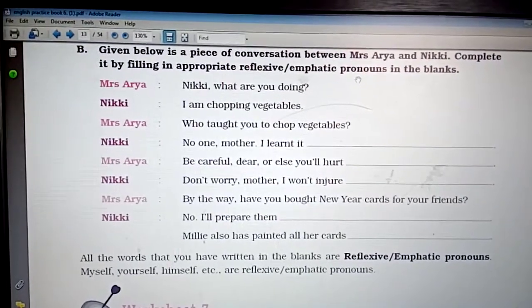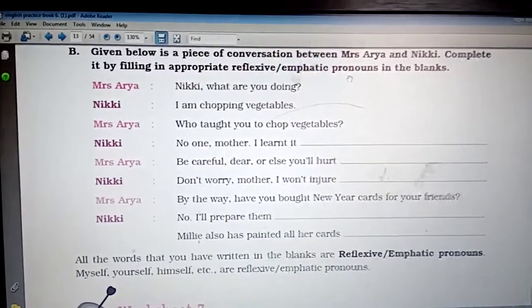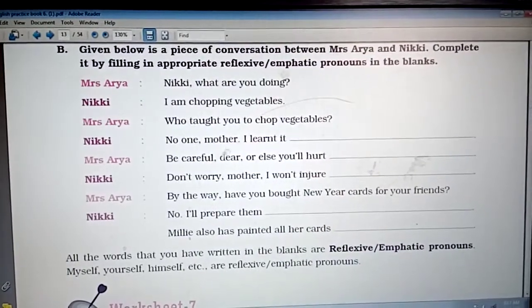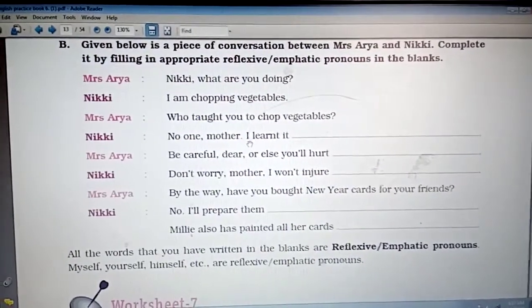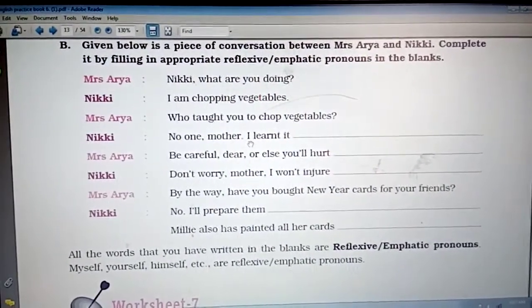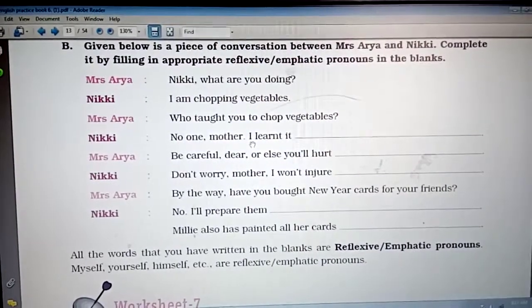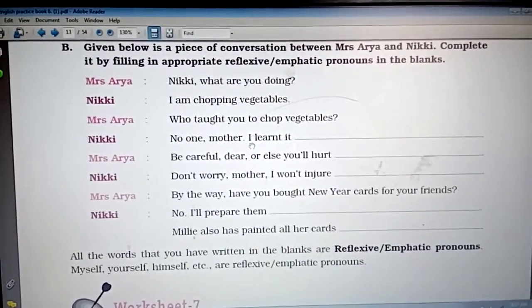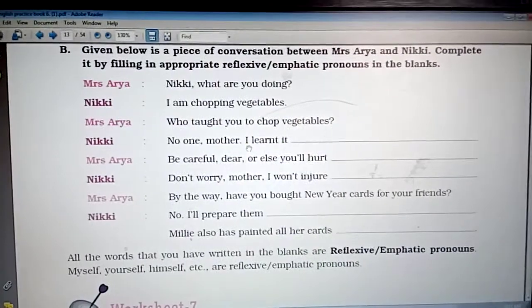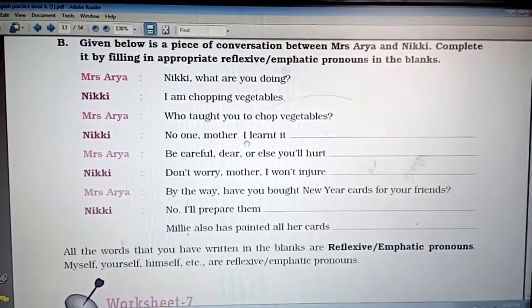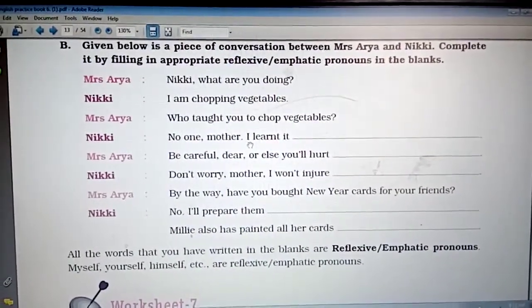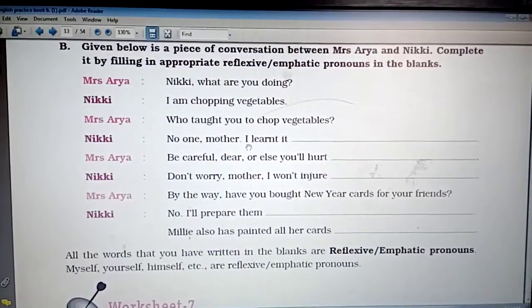I learnt it. I is, see here, used as the subject, and we will use the reflexive or emphatic pronoun according to the subject given. What is the subject here?